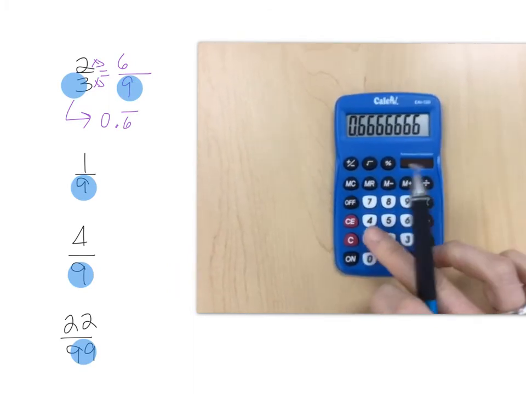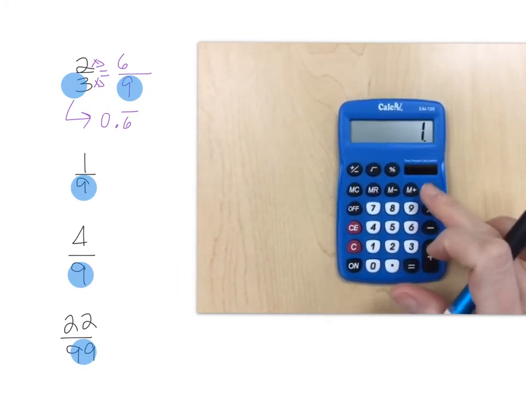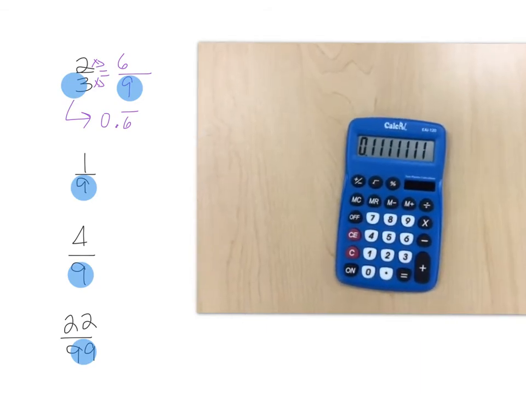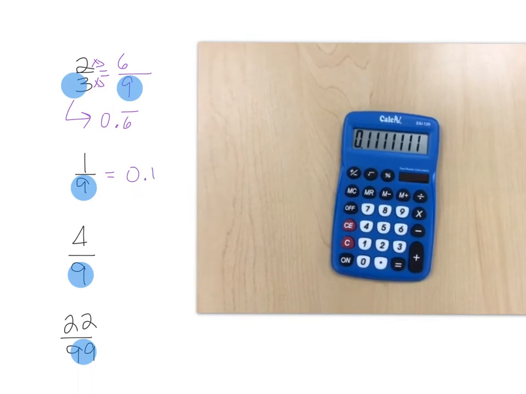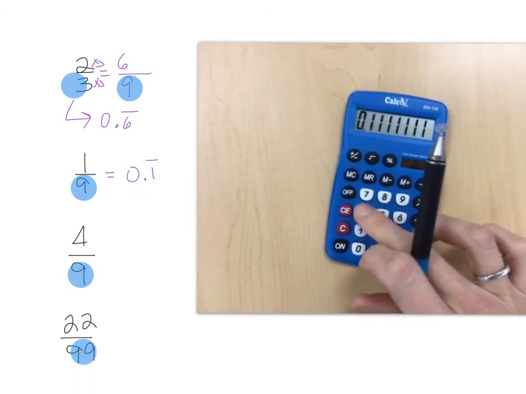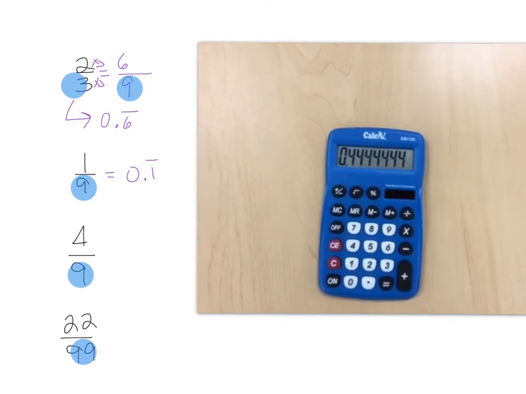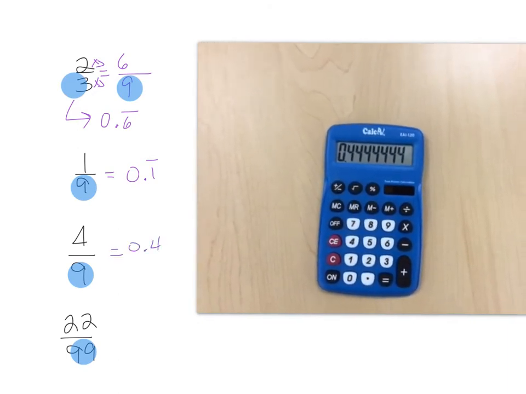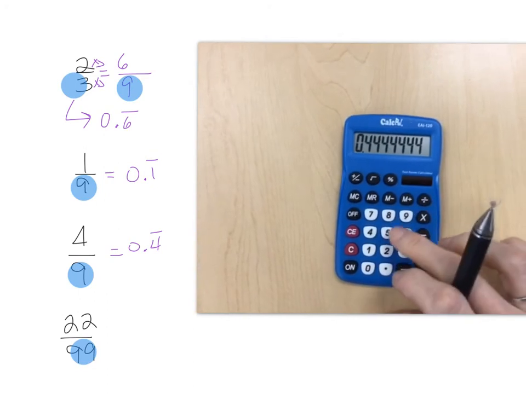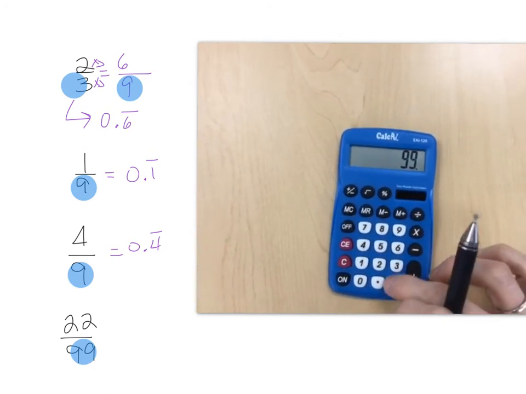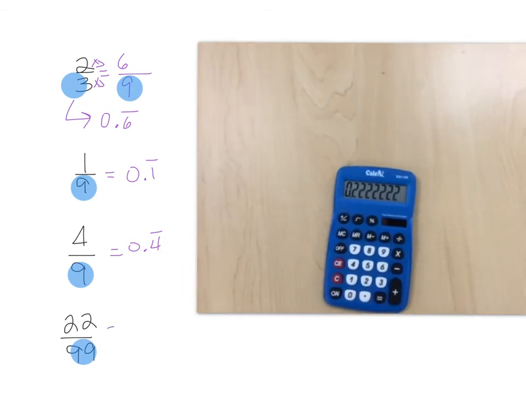Now when we do 1/9, you do 1 divided by 9, and you get 0.1 repeating. 4/9, 4 divided by 9, 0.4 repeating. 22 over 99, 22 divided by 99, 0.22222 repeating.